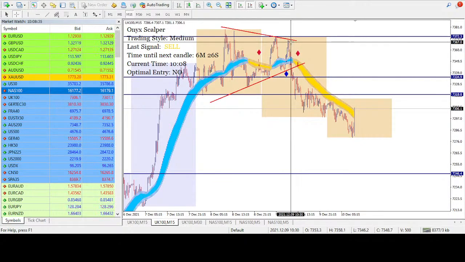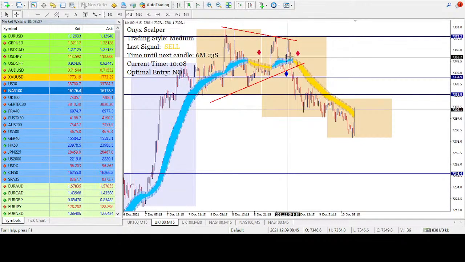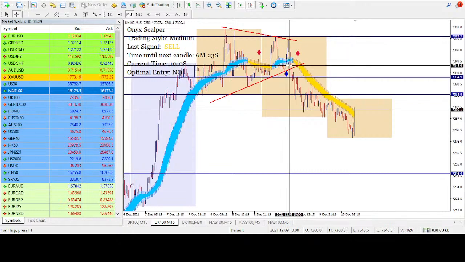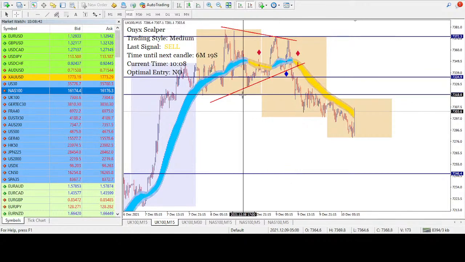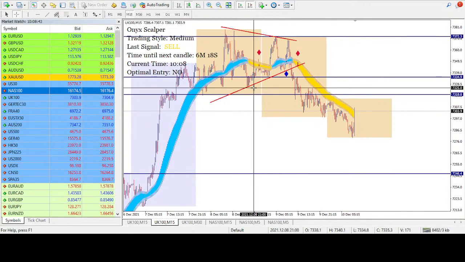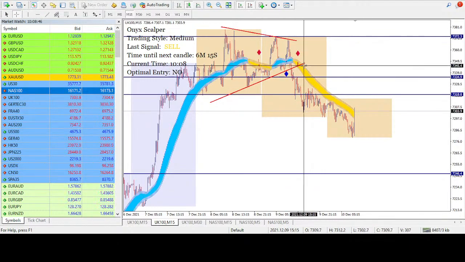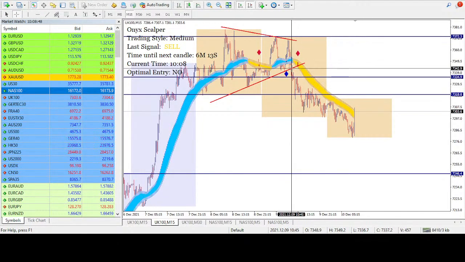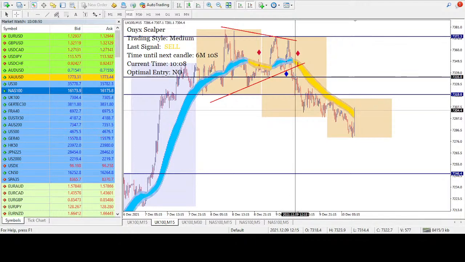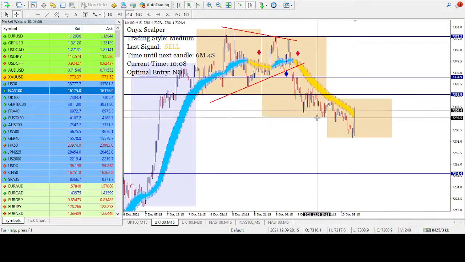I said that for us to sell, a confirmation would be if the price breaks this trend line right there. You see it broke right there. And when it breaks this support right here, our next target would be the next daily low.